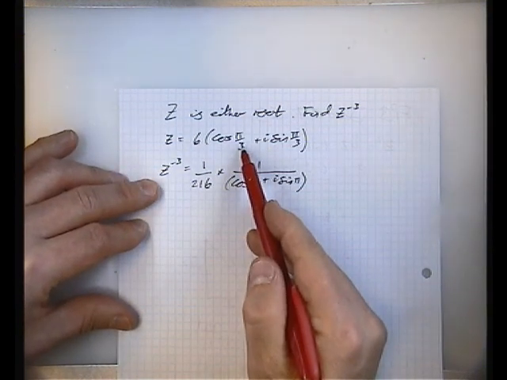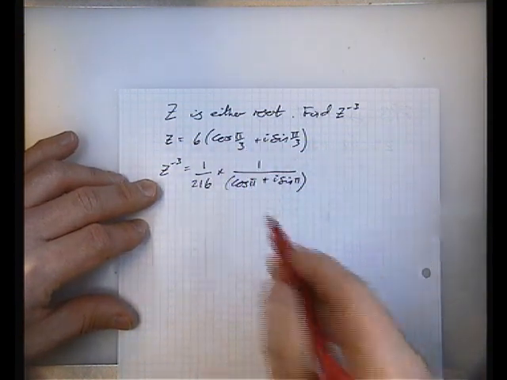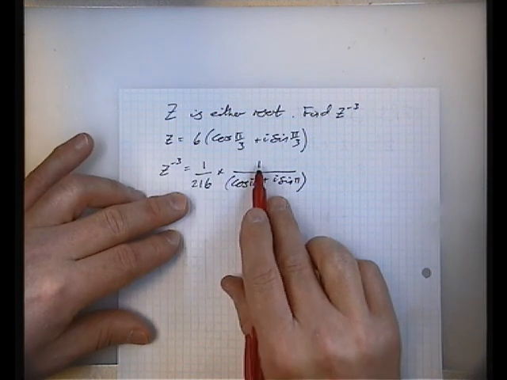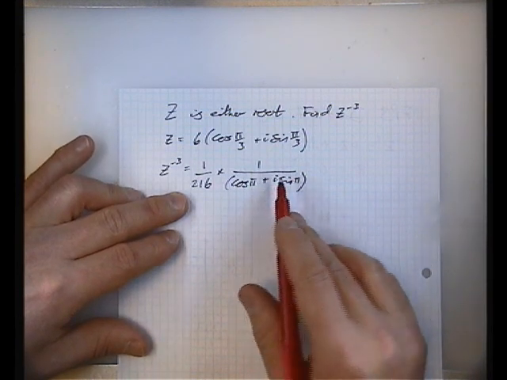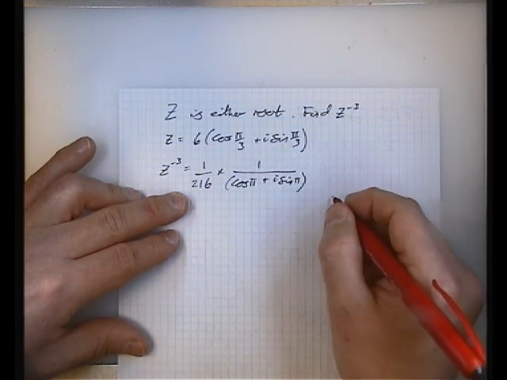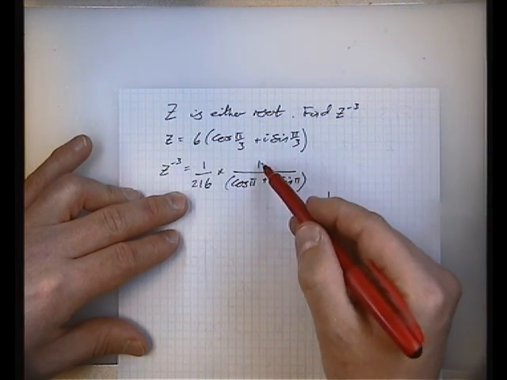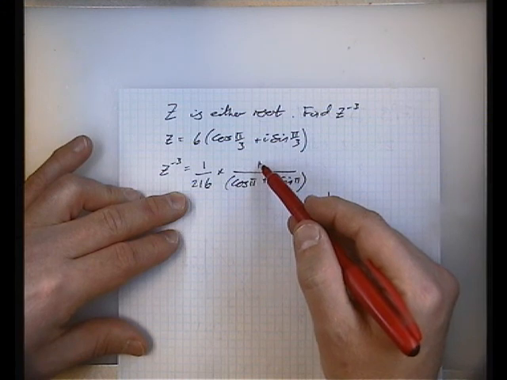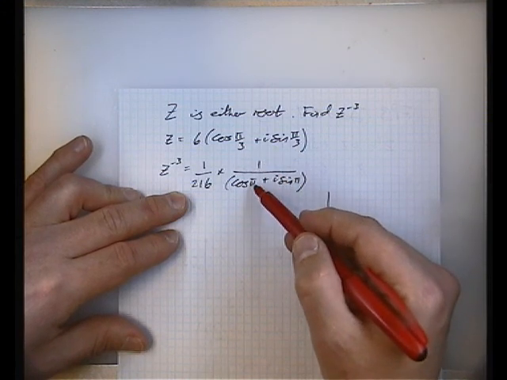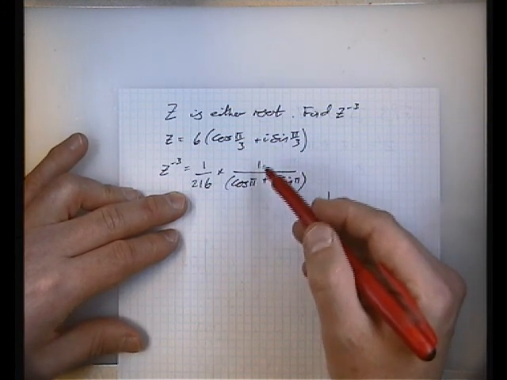Cube it, we simply multiply the argument by 3. Now, 1 over a complex number means, and if we have a quick sketch, means effectively we subtract the arguments. It's the argument of 1, which is 0, minus the argument of this one, which was pi here.